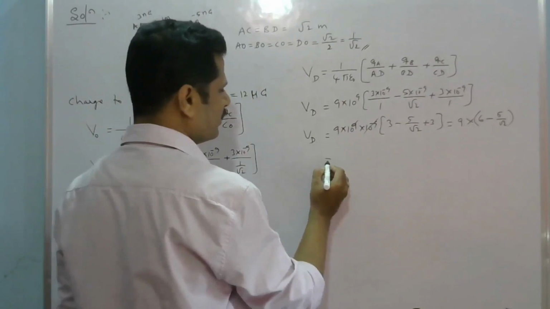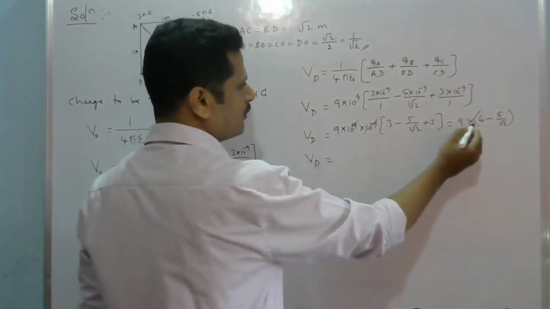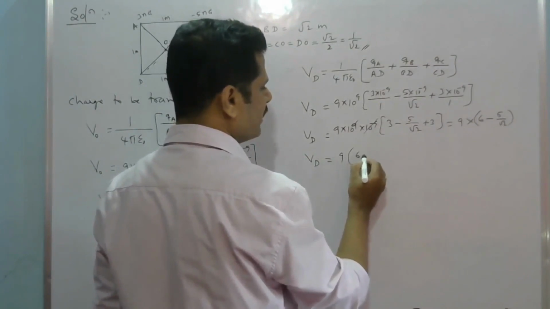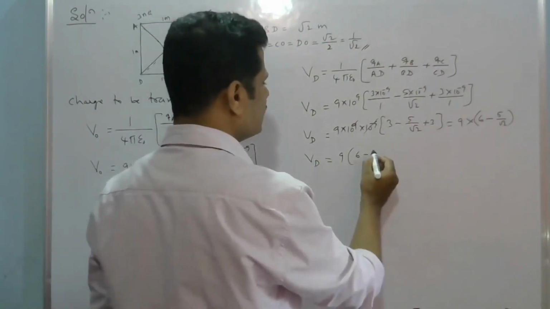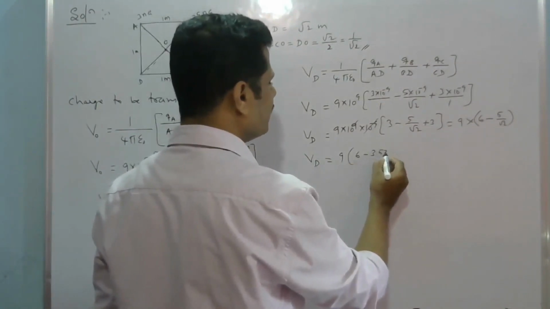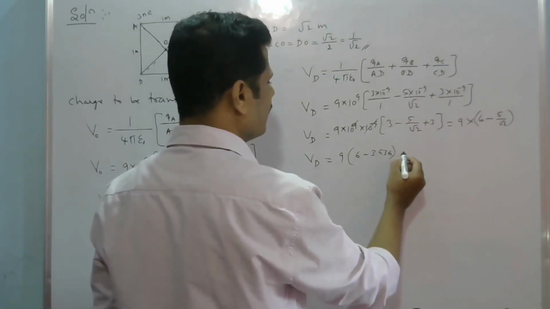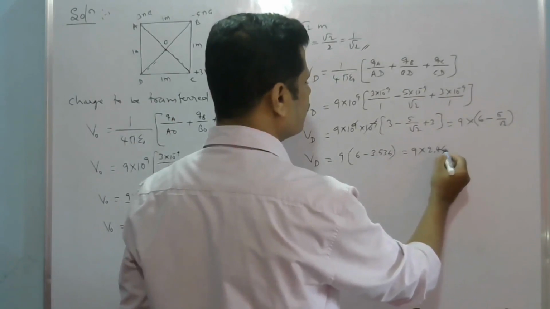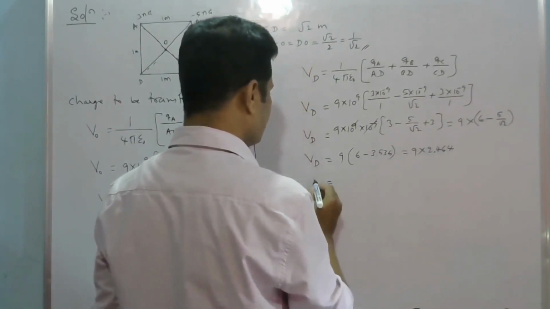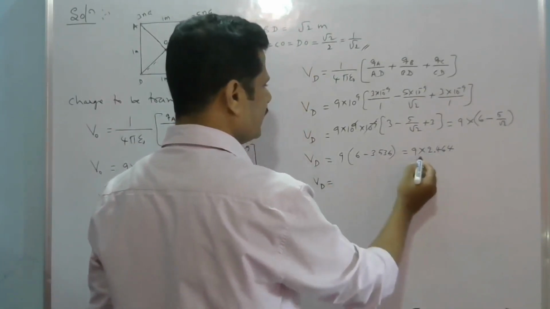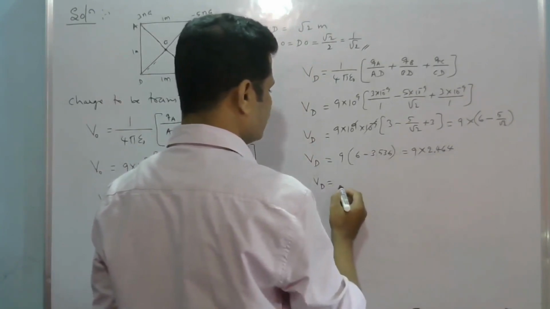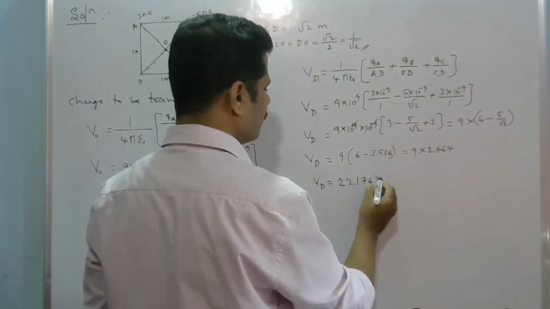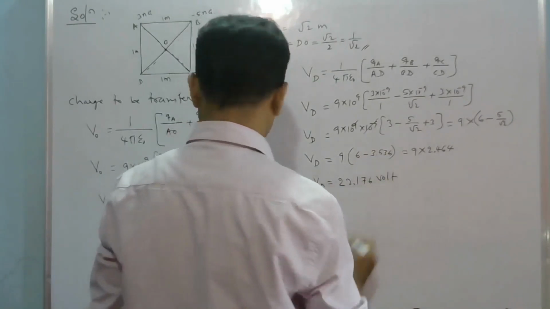So we know that 6 minus 5 by root 2 value is 3.536, and this equals 9 into 2.464. On simplifying, VD equals 9 into 2.464, which gives us 22.176 volt.